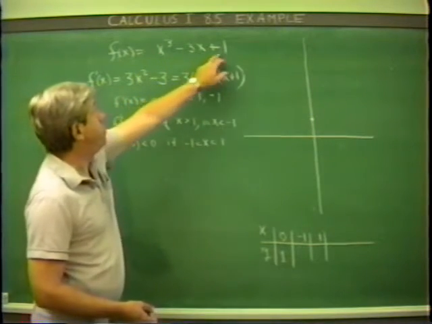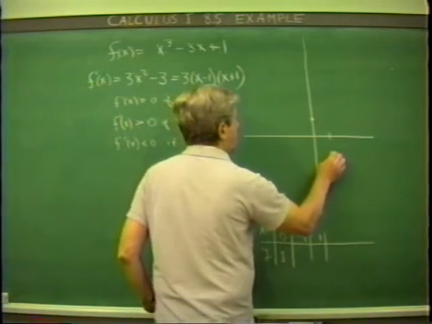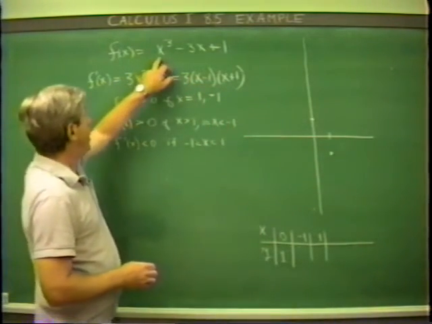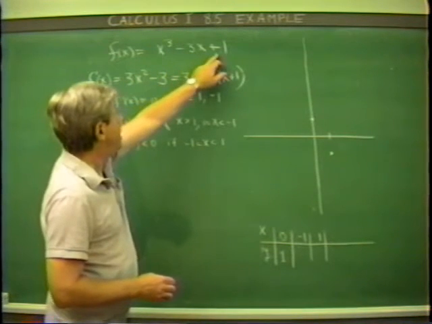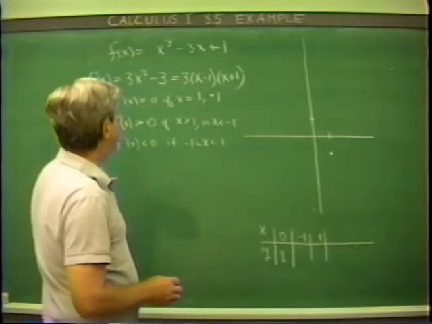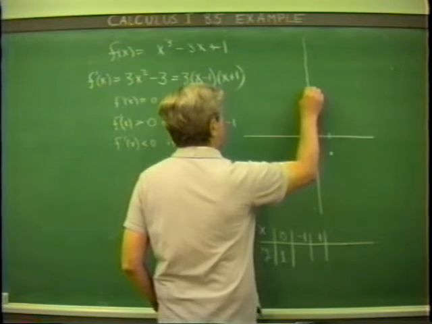Okay? The value of the function at 1 is 1 minus 3 plus 1, or minus 1. The value of the function at minus 1 is minus 1 plus 3 plus 1. 3 and 1 is 4, minus 1 is 3.